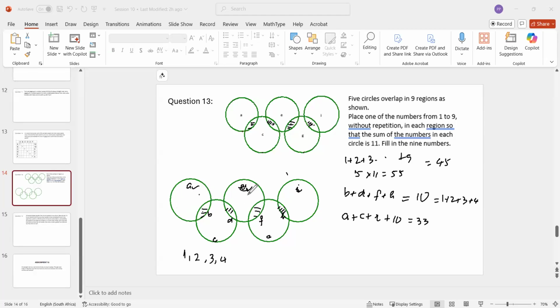See? Because you add the shade to that, you have these 2 shades to that, and the 1 shade to that, and then you'll get 33 because every one of them add up to 11. Right, so that means that A plus C plus I is 23.